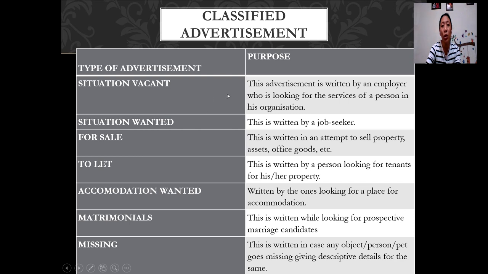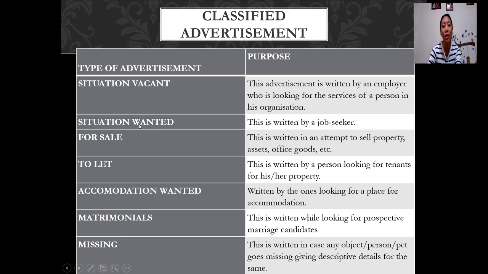All right, so situation vacant, this advertisement is written by an employer who is looking for the services of a person in his organization. So the person who is employing or giving the job should write or draft such an advertisement under the caption situation vacant.